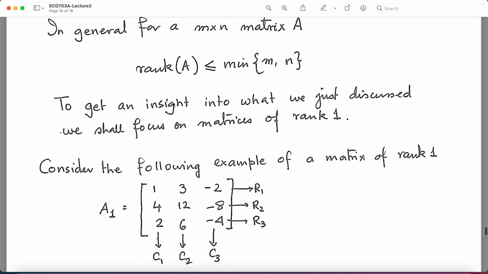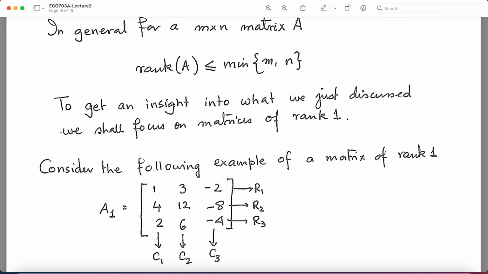So, if I have n linearly independent columns, I cannot have more than n linearly independent rows; I will have n linearly independent rows also. Suppose m is bigger than n, and n is the number of linearly independent columns, so m must be strictly bigger than n.